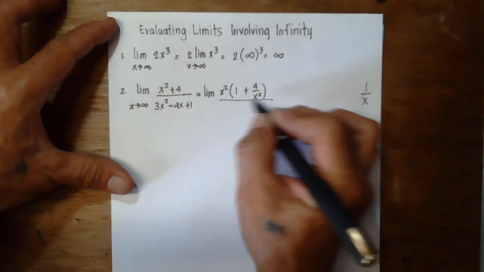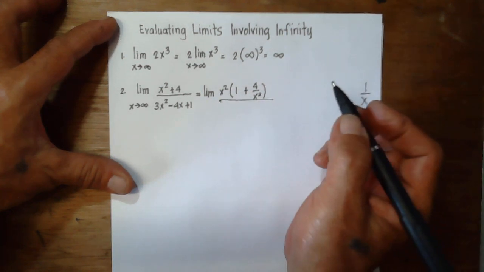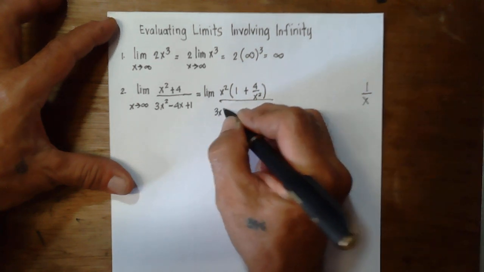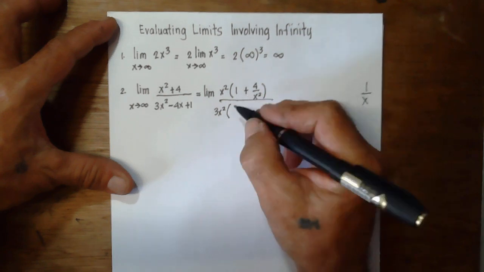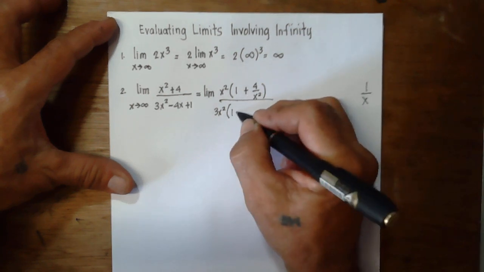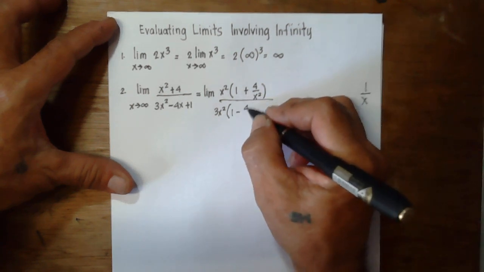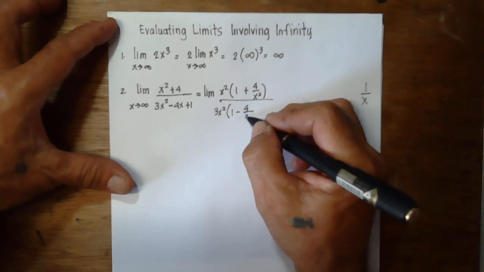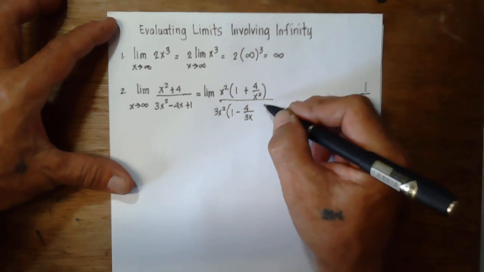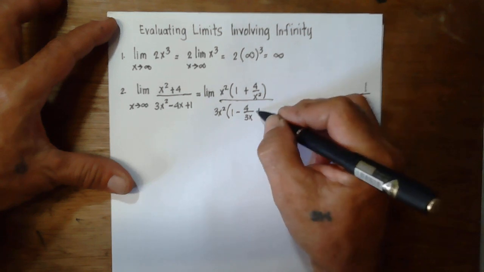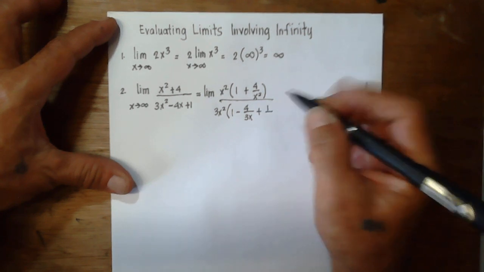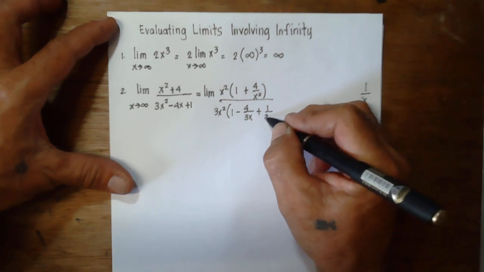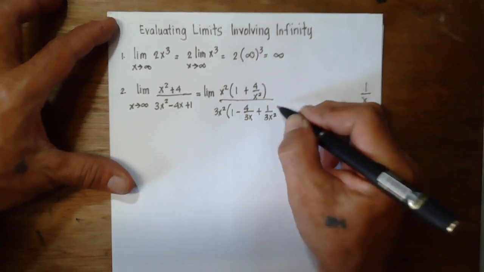Now we go to the denominator. The denominator can be rewritten as 3x squared times 1 minus 4 over 3x plus 1 over 3x squared.